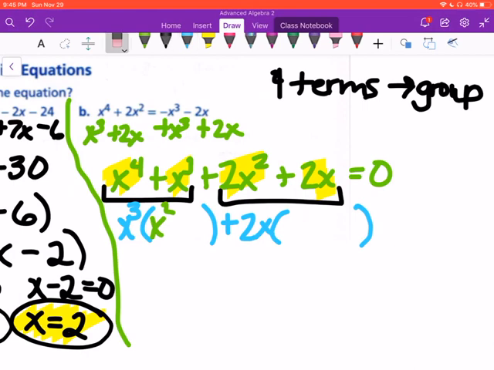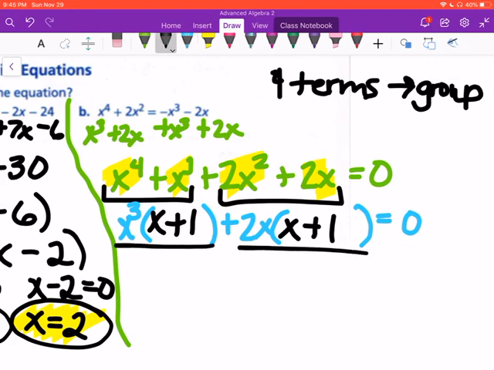If I factor out an x cubed from the first group, I'll be left with an x plus 1. And then if I factor out a 2x from the second group, I'll be left with an x plus 1. Then I'll bring down my equals 0. Now notice both groups have an x plus 1, so I'm going to factor out that x plus 1.